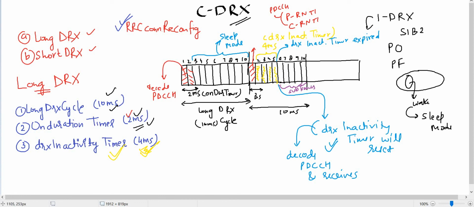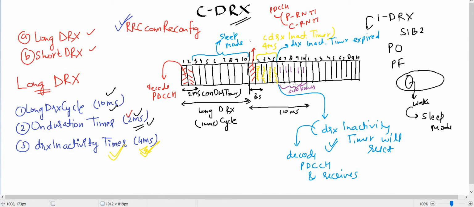Because at the fifth subframe, data reception is stopped, and the UE goes into sleep mode for the remaining subframes up to the 10th subframe. After that, your long DRX cycle will be started again. So 10 subframes are here.